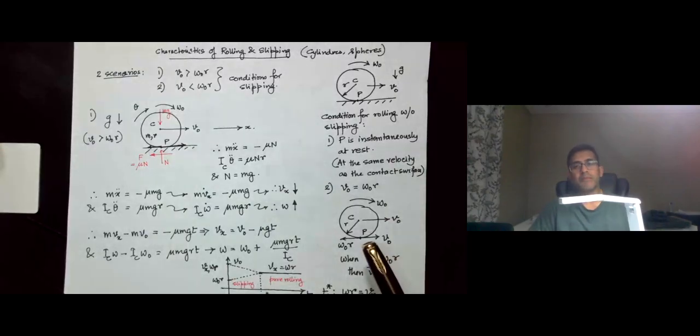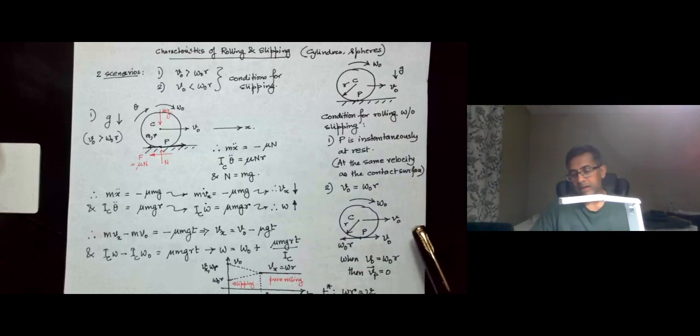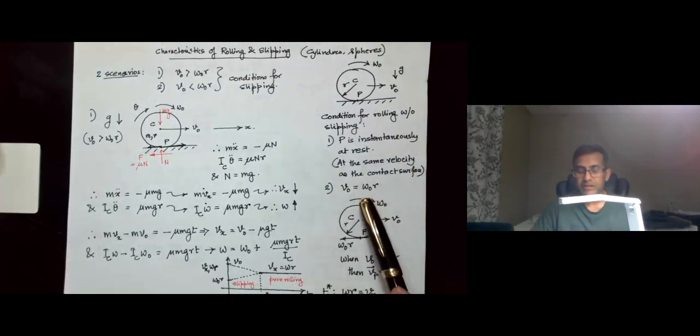Then what we said was that there are two different scenarios when this rolling without slipping is going to be violated. Since the equality is the condition for rolling without slipping, the two ways this equality can be violated are if the initial velocity is greater than the initial angular velocity times r, or if the initial velocity is less than the initial angular velocity times r.